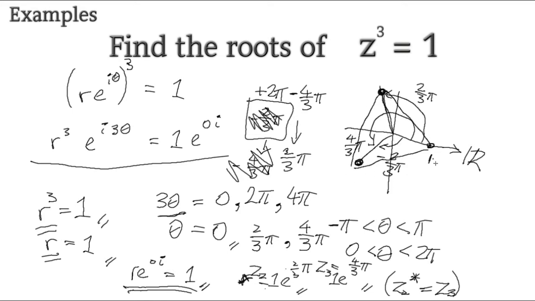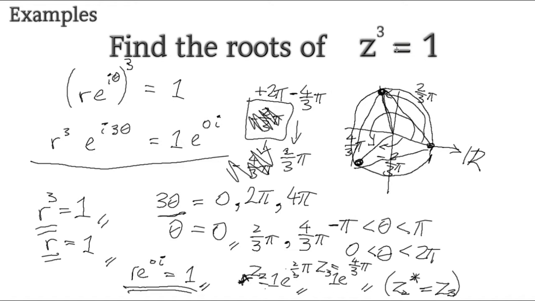This is due to the fact that this is a unity root, and the solutions always lie within a circle of radius 1, just from the definition, because all powers that equal 1 have to start from 1.